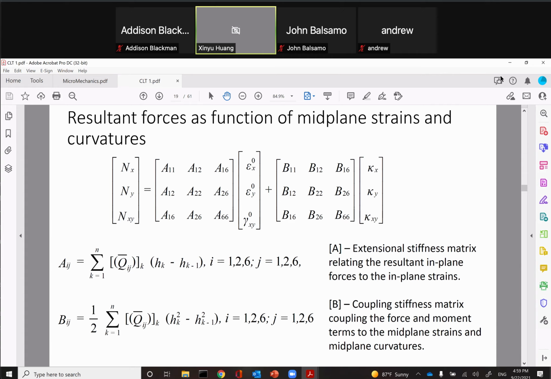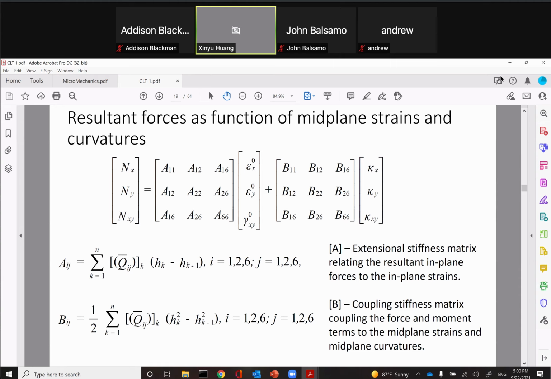You see, the direction we're moving is we're trying to reduce the dimensionality of the problem. We try to condense all the calculation to the mid-plane. Then we solve for the mid-plane strain and mid-plane curvature. It's a similar problem, like a 2D problem. 3D becomes 2D.